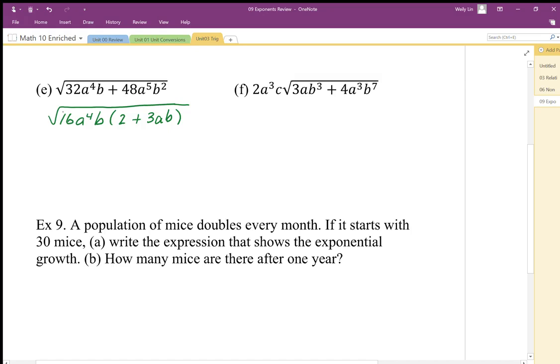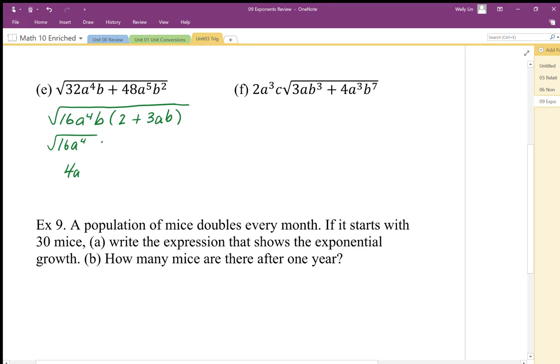So if I want, I can now express the square root of the times part separately. And then I can square root this part. So we end up with 4a. Oops, this cannot be square rooted, so I'm going to leave that in the square root portion.